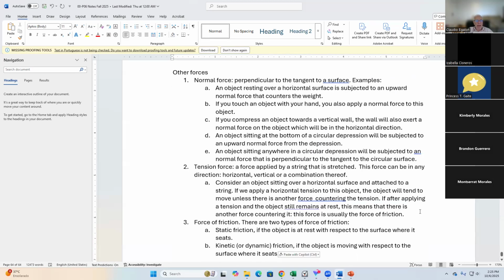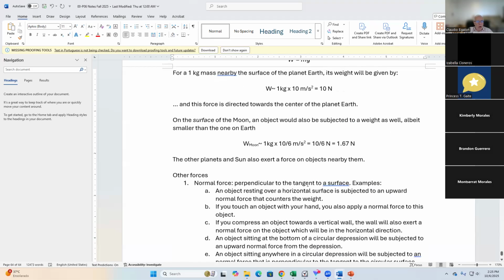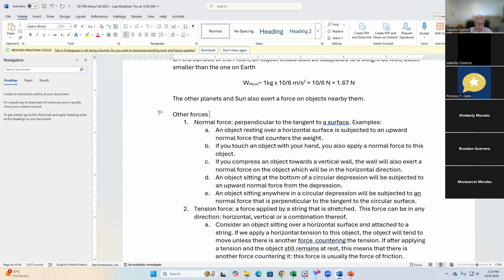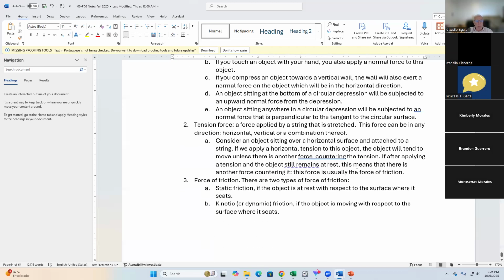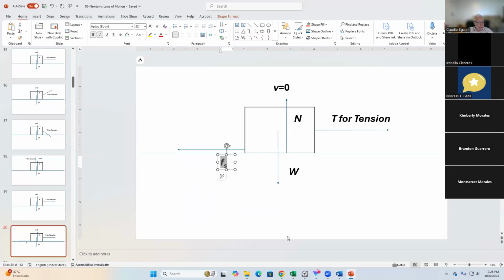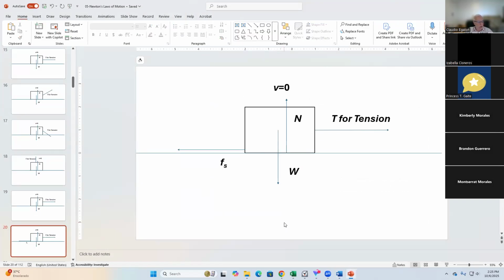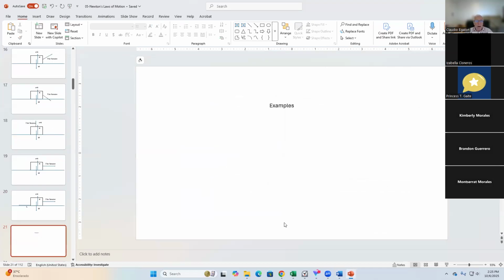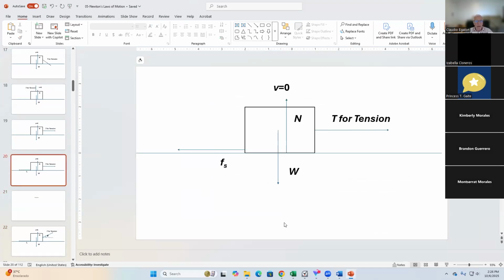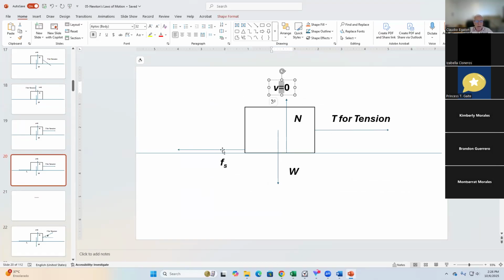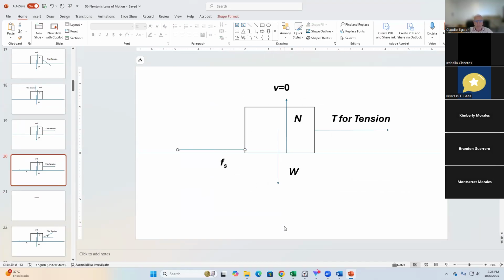So you already have three different contact forces. There are more, but that's what you need so far. I don't want to overwhelm you with that. Here you go. Tension, right? I'm applying a tension. If the object stays at rest, it means that we have a force of static friction.